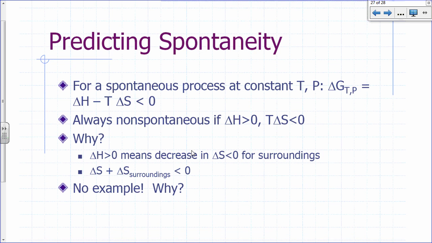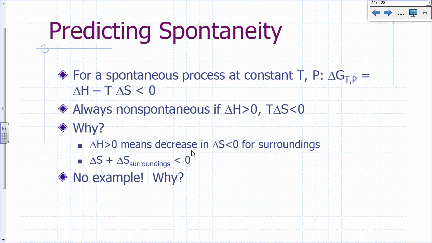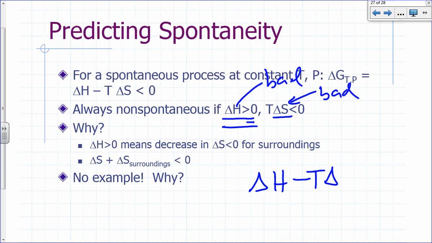All right, finally, what if delta H is positive and delta S is negative? So delta H positive, endothermic, heat flows into the system from the surroundings. So that's bad for the surroundings. So this is bad, and this is also bad, right? Decrease in entropy of the system. Then delta H minus T delta S: this is positive. Minus a negative number will always be a positive number.